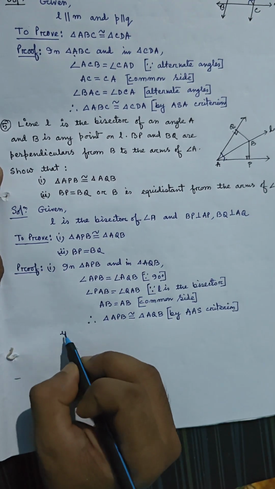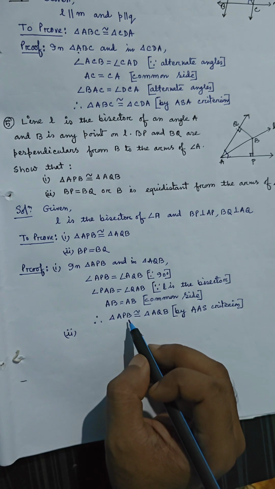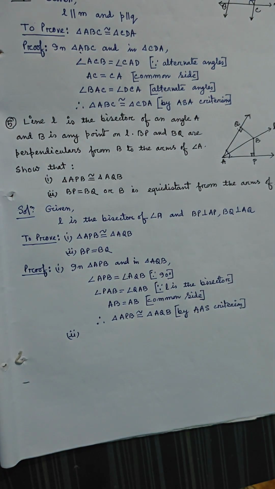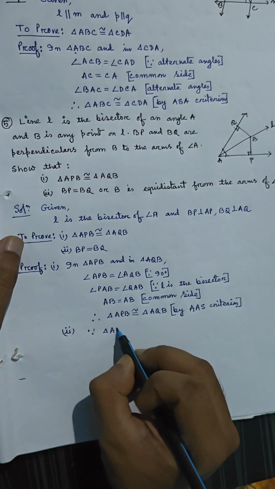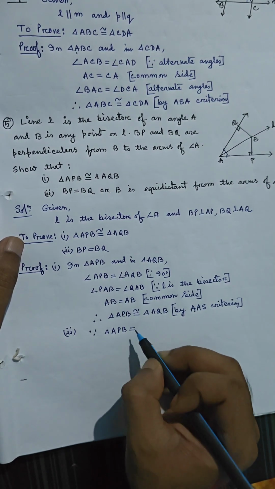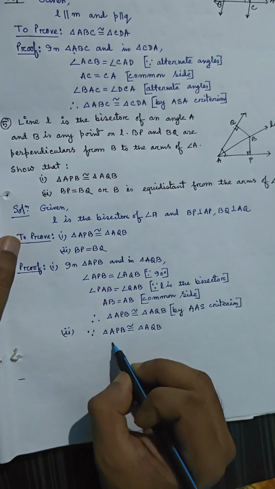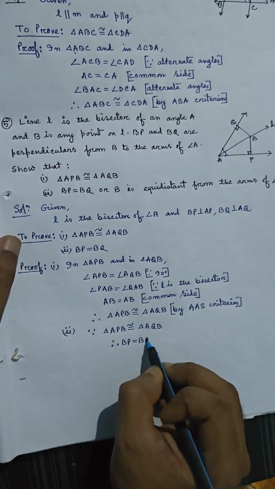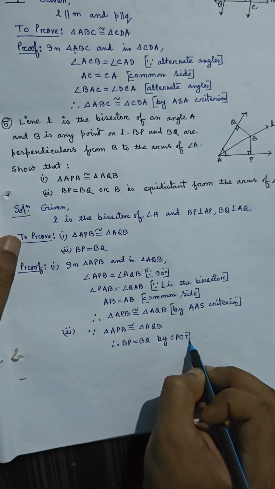Now come to the second one. See, BP equal to BQ. From here I can clearly say BP equal to BQ. Now by CPCT, since triangle APB is congruent to triangle AQB, therefore BP is equal to BQ by CPCT.